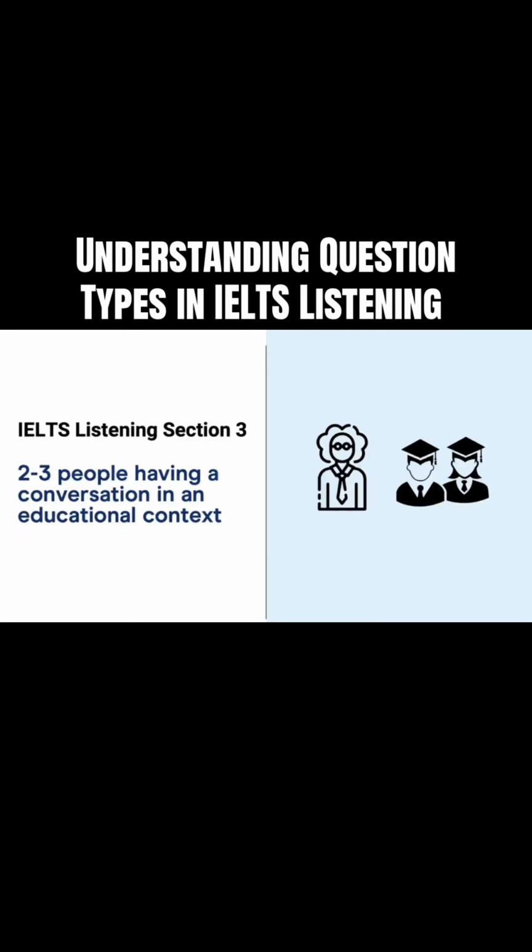In Section 3, you'll hear 2 or 3 people having a conversation in an educational context. So for example, you might hear 2 students talking about an assignment, and perhaps you'll hear the professor as well. Or maybe they'll be talking about giving an oral presentation.